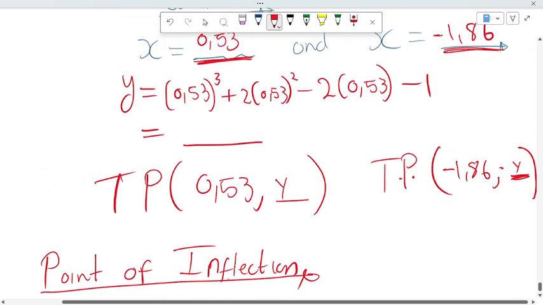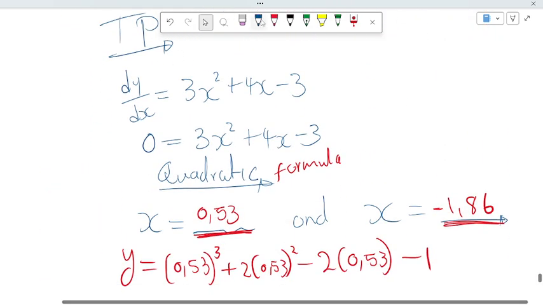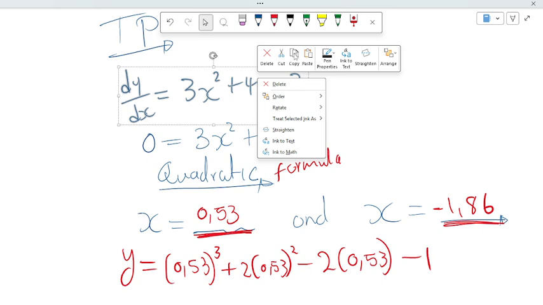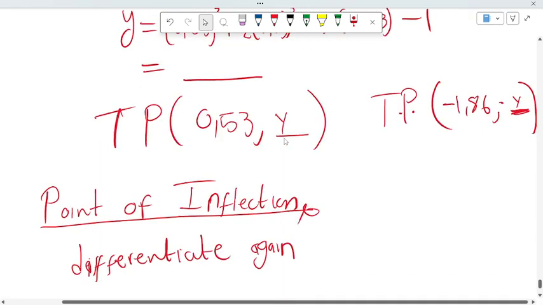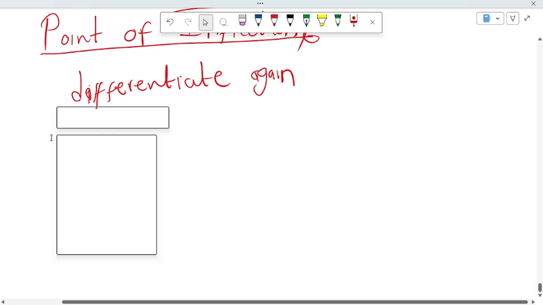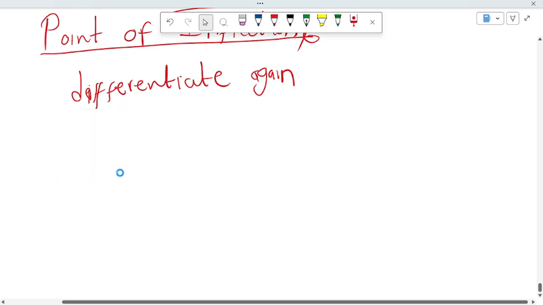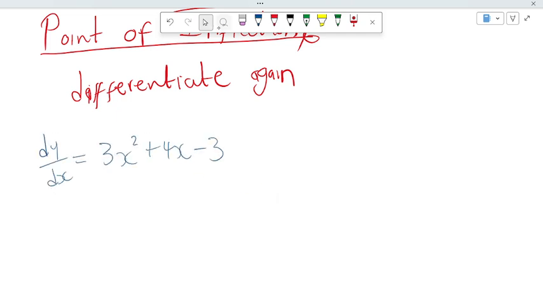You differentiated once and you got this. Now you take this and you differentiate again.